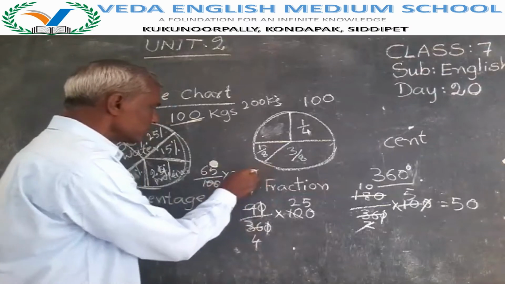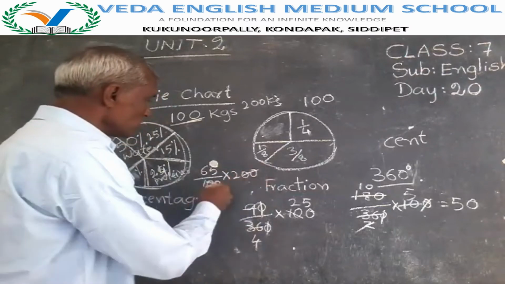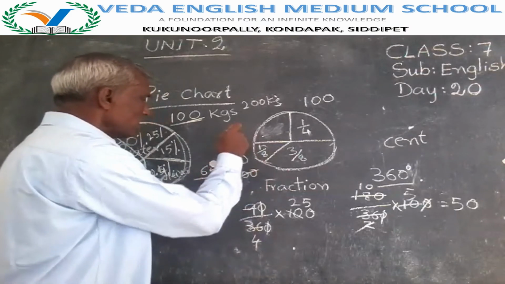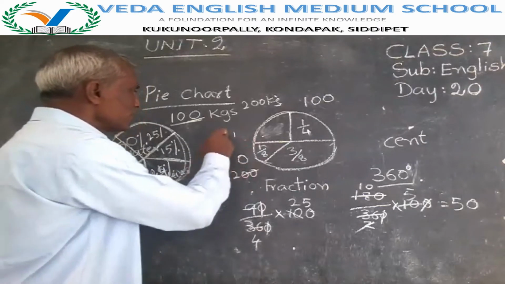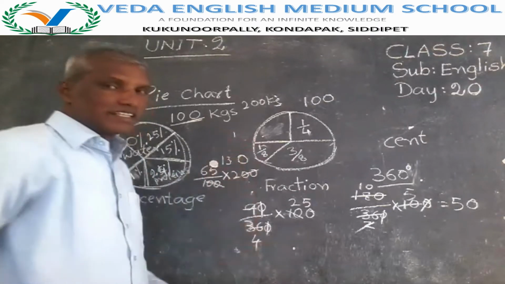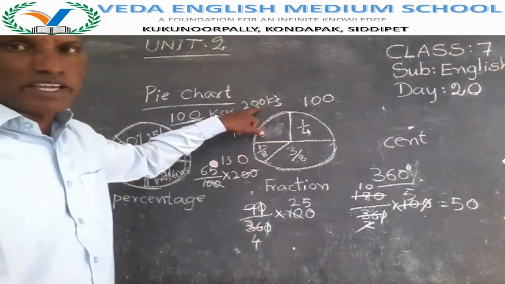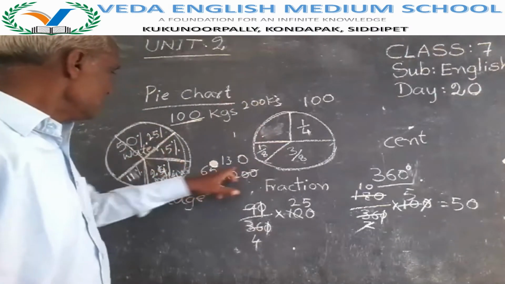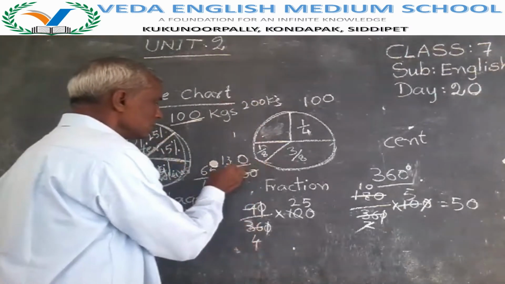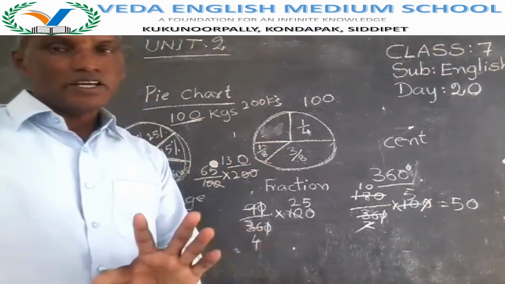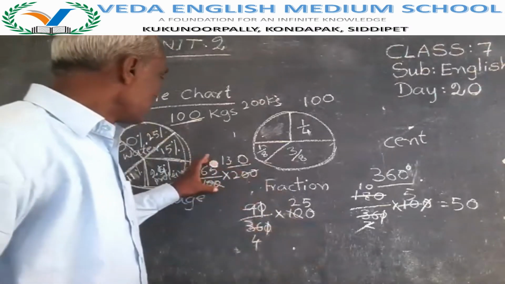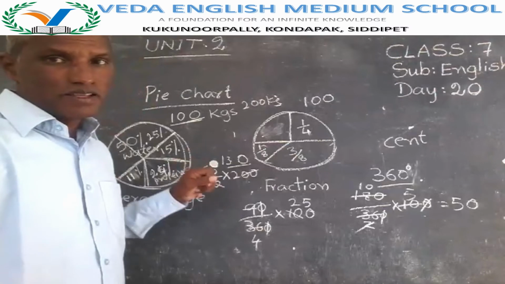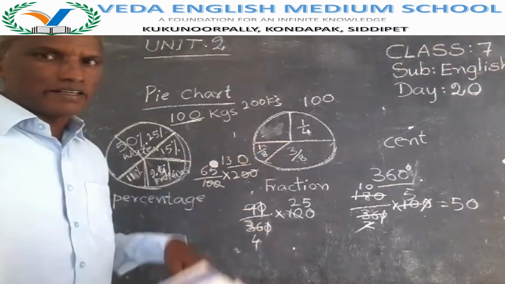Now you have to cross two zeros. 65 into 2: 2 fives are 10, 1 carried; 2 sixes are 12 plus 1, that's 130. That means in this person who is weighing 200 kgs, his water weight is 130 kgs. That is 65%. That's why you have to calculate like that. Always when they say 65%, you should keep it like this, 65 by 100. 50% means 50 by 100.